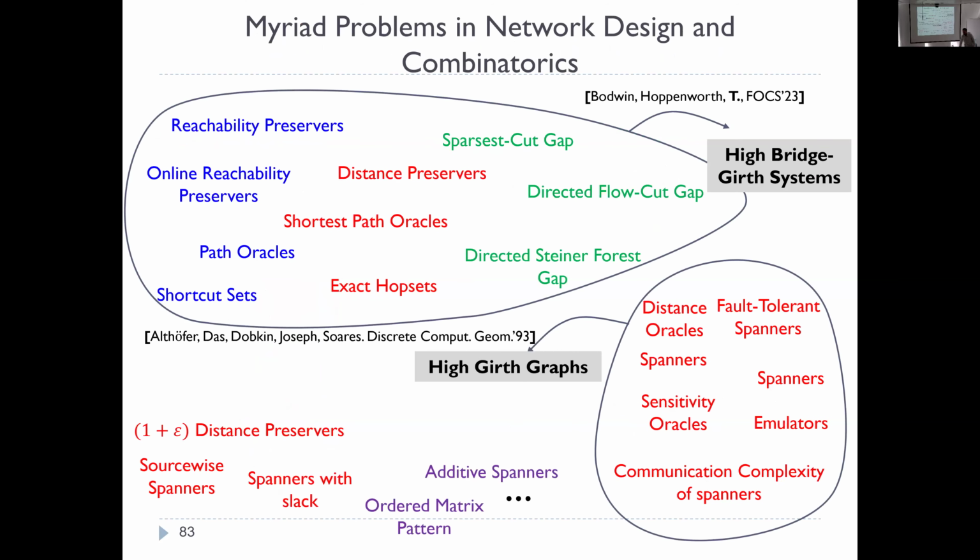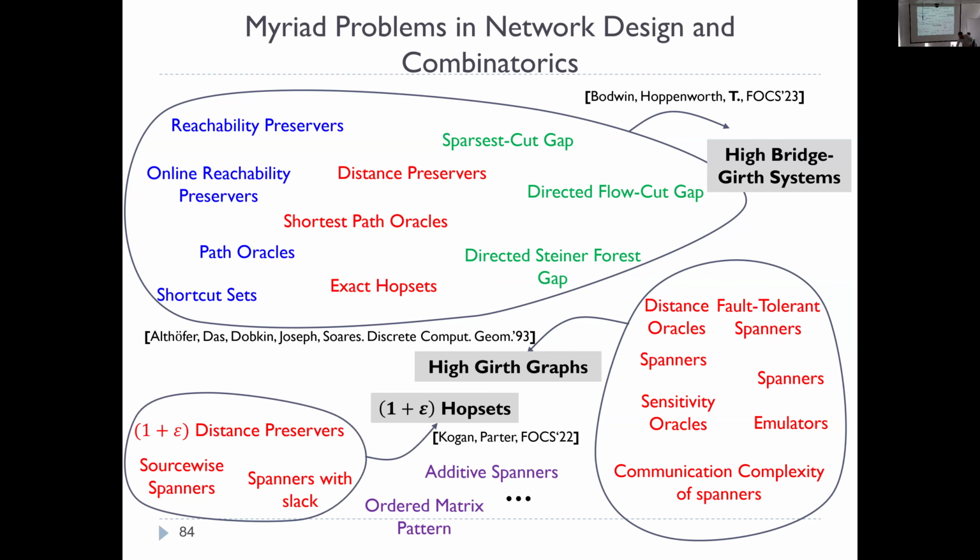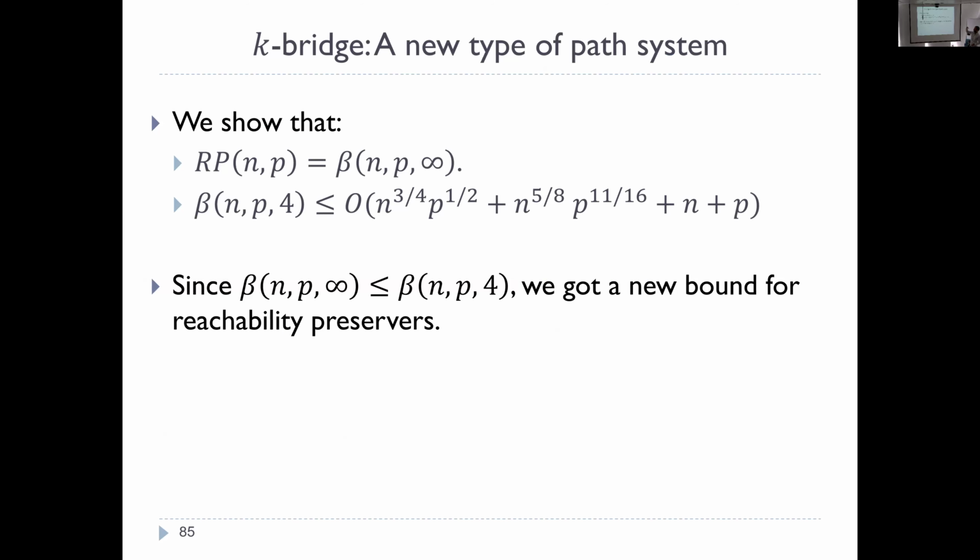And then what we showed is that many of the problems here with the directed flavor are connected to high bridge girth systems, right? Their sizes can be written with beta as a part. Just to give you an example, we have reachability preservers. You have n nodes and p pairs, and you want to preserve reachability in the graph.